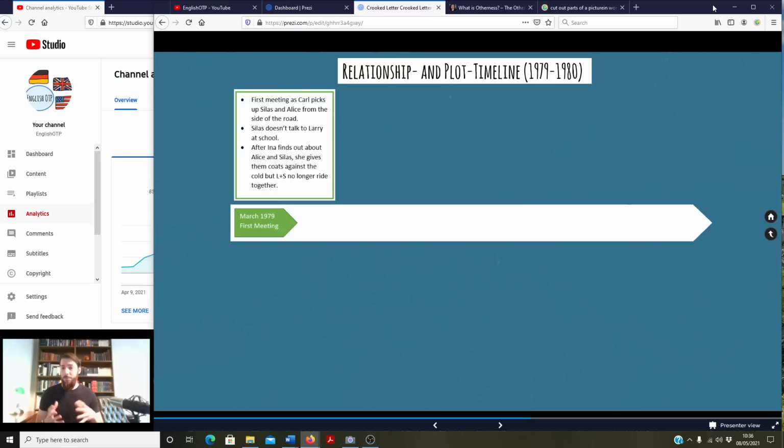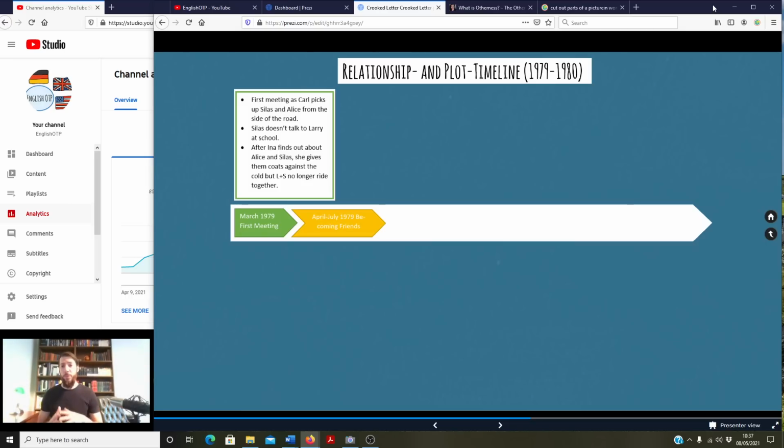This first contact is also disrupted after Ina finds out about Alice and Silas, and she gives them coats so they can walk to school, but they no longer ride in the car together. So this is the first part of contact, where Larry shows Silas some books and they get to speak a bit, and it's a regular thing, but that just stops.